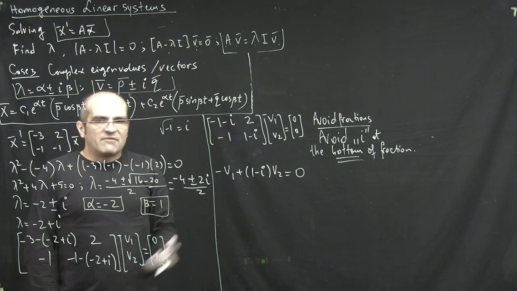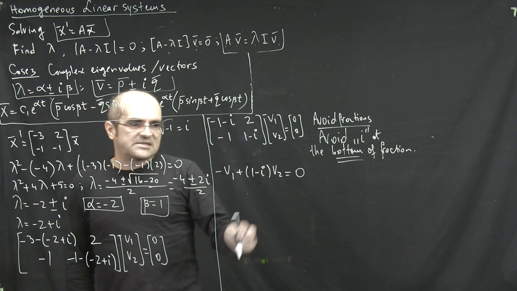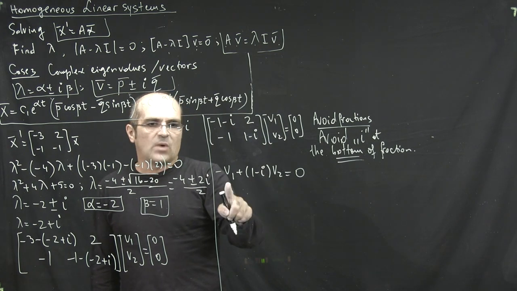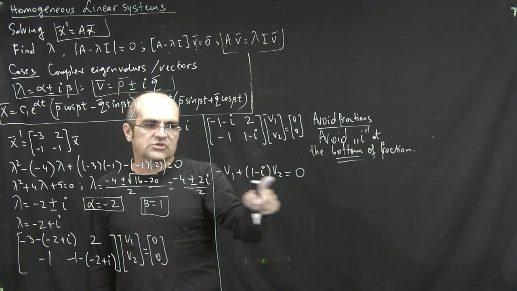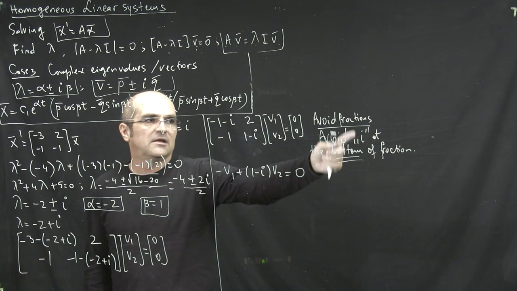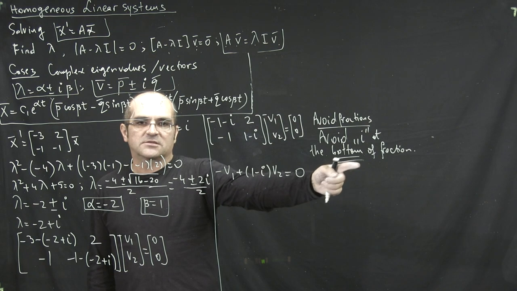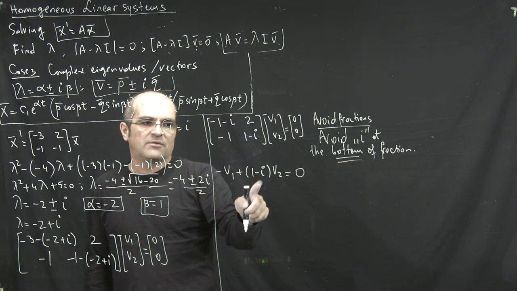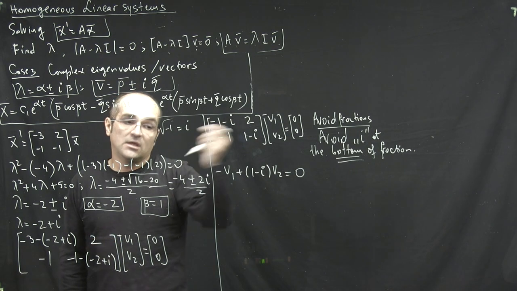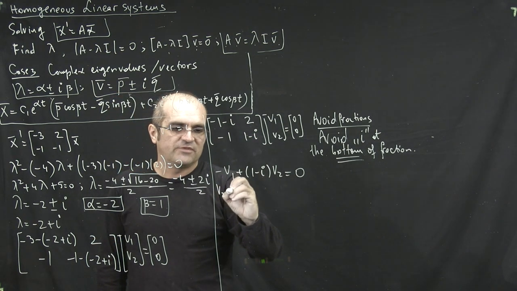And how do I avoid fractions? Well, the best way essentially is to plug in 1 for V2. Because if 1 is for V1, when you solve for V2, you've got to divide by 1 minus i. Alright, I don't want that. So I don't want to divide by 1 minus i to solve for either of these constants. So my best choice will be V2 equals 1.